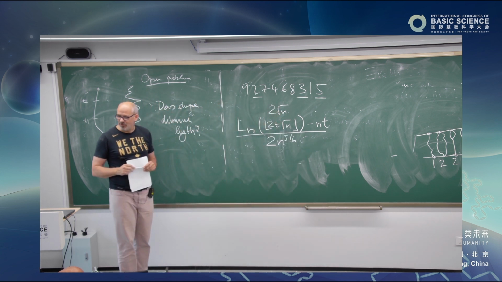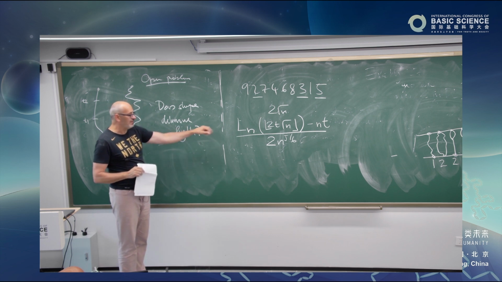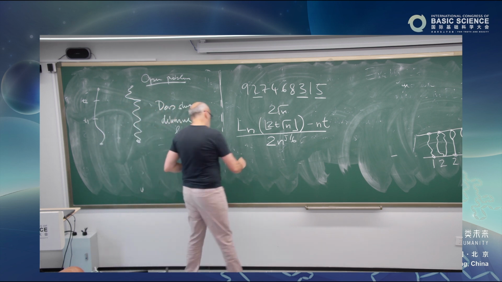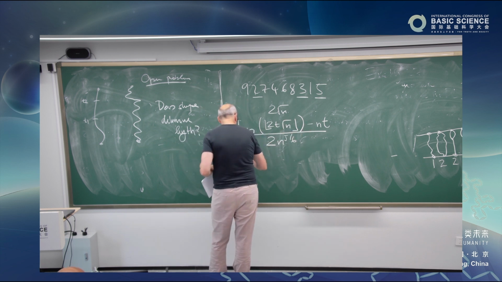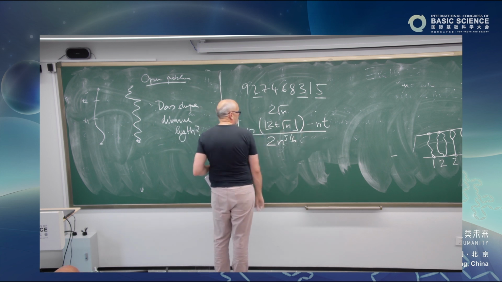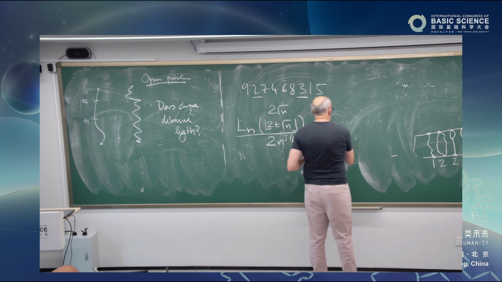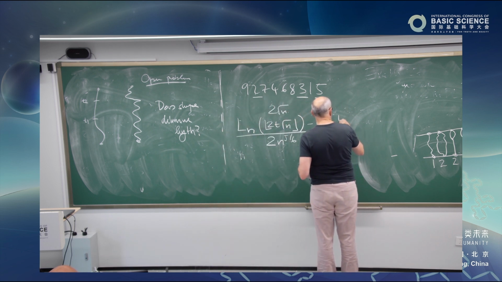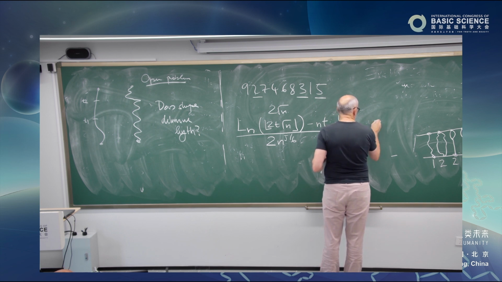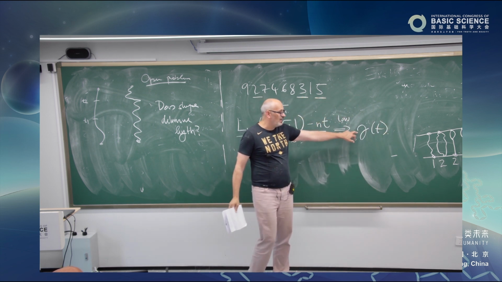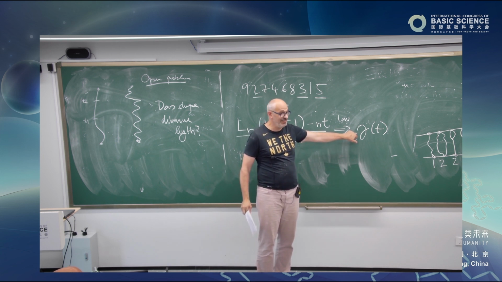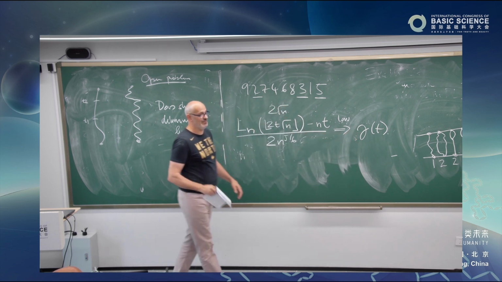Now we have a random function for every n, kind of a random step function corrected by some linear function, and this converges in law to gamma of t, a random continuous function, which is the geodesic in this random metric in 2 dimensions.